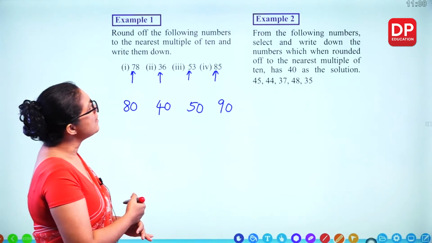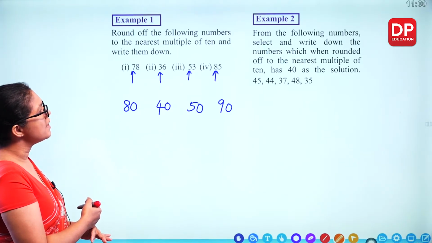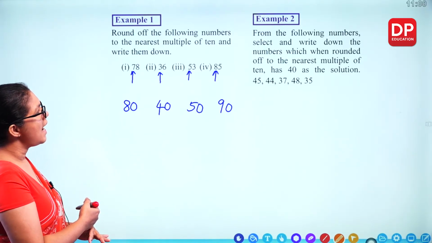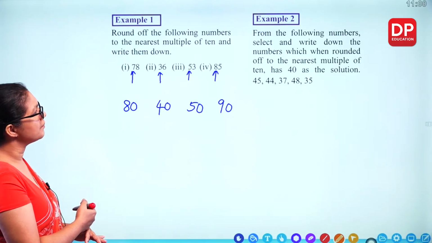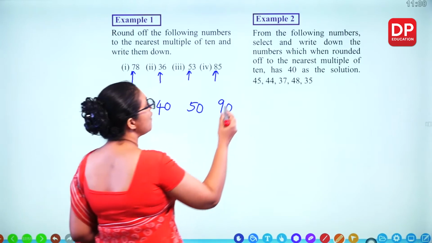Select and write down the numbers which when rounded off to the nearest multiple of 10 give 40 as the solution. So 45, what happens?